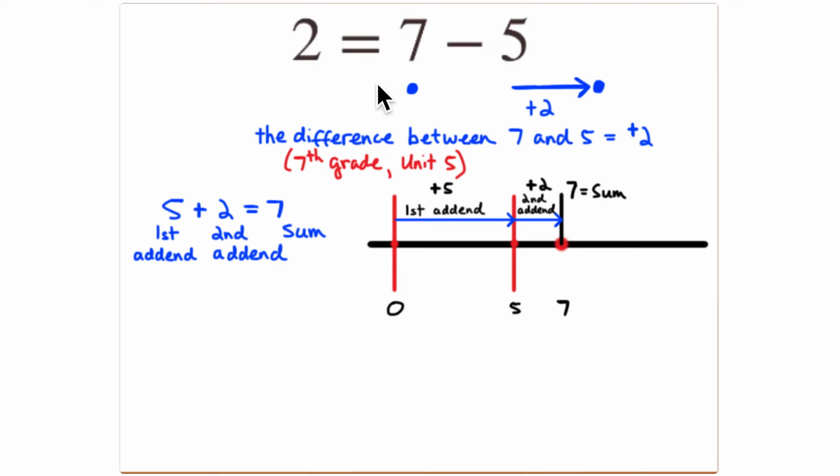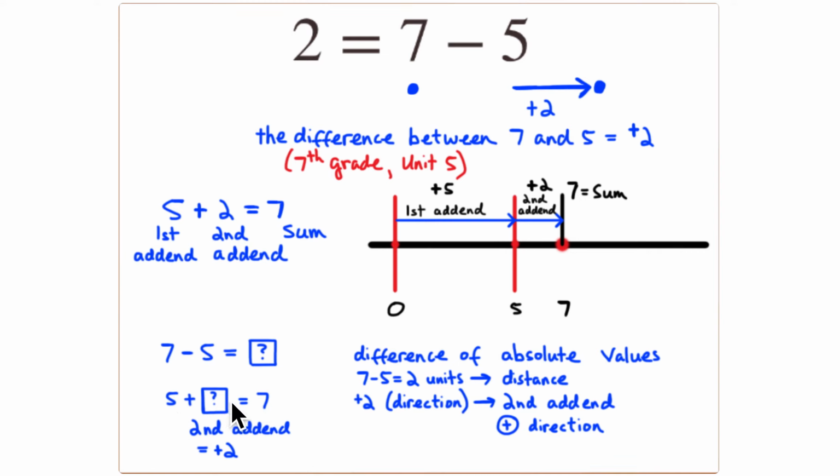If you rewrite this as 5 plus 2 equals the 7 here, what you're basically saying is, I'm going to take the 5 and add some number. I'm skipping around a little bit here.